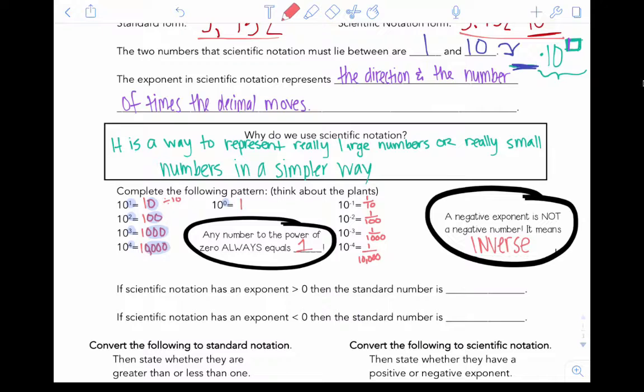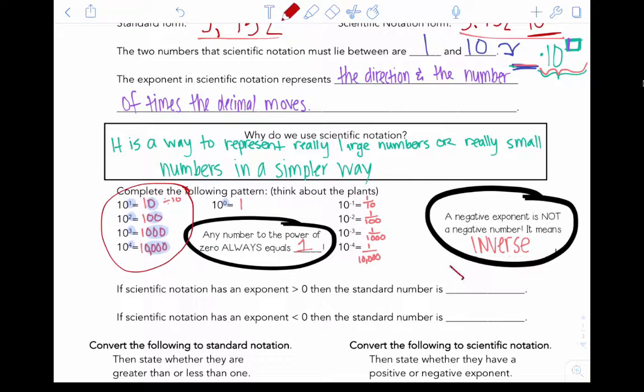So we need to be careful with how we word things. All right, so now we have kind of this foundation of our powers of 10, meaning all of these numbers here that we just came up with. And let's think about what happens when we multiply by these different numbers. Remember, scientific notation is a number multiplied by a power of 10. So if I multiply by a power of 10 that is greater than 0, so that's going to be any of these over here, my number is going to get larger.